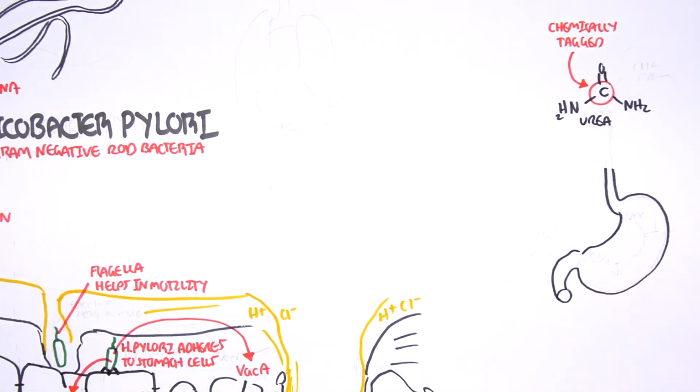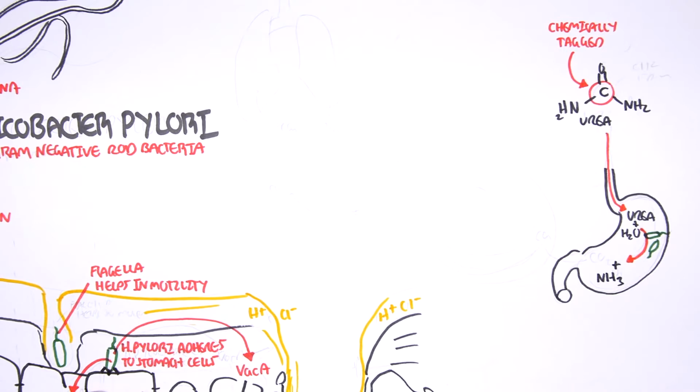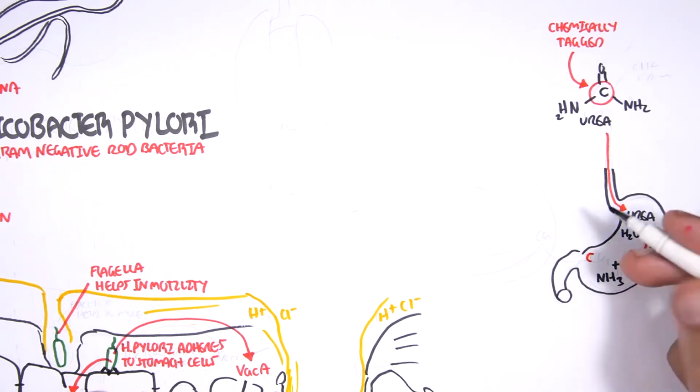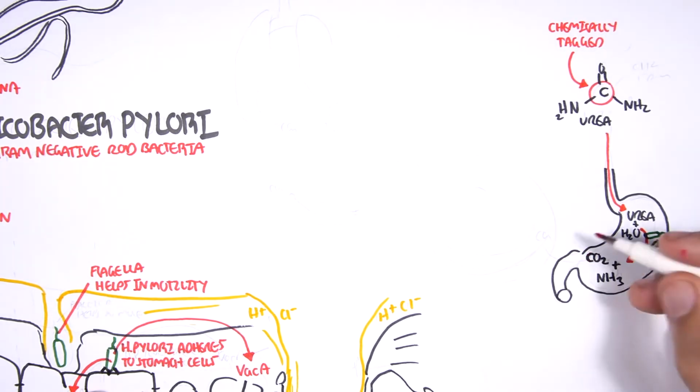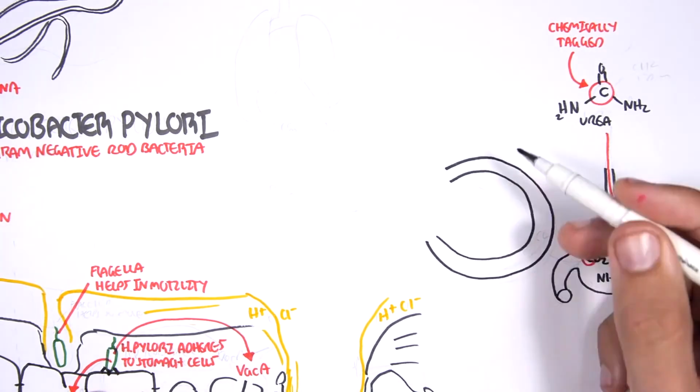And then the person eats the urea, and the urea sample will go down to the stomach where maybe the H. pylori is. If the H. pylori is there, the urea with water will be converted to carbon dioxide and ammonia. And then this carbon dioxide will have that chemical tag on the carbon.